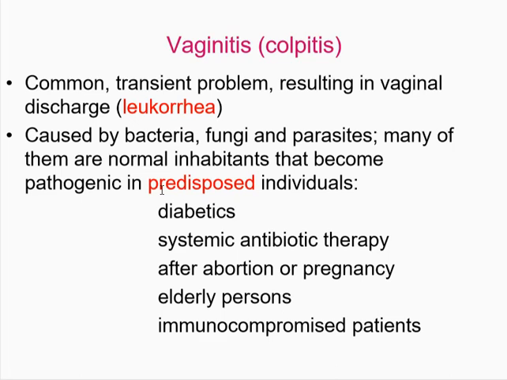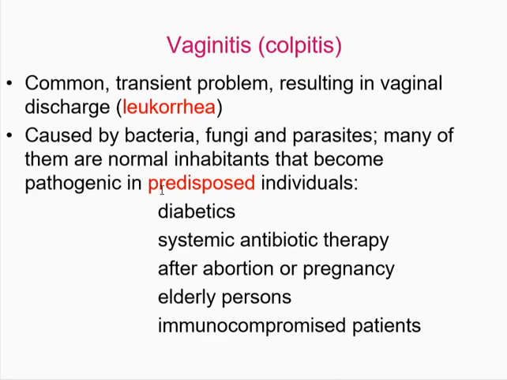The infective agents are bacteria, fungi, parasites, many of which are normally present in the vaginal flora, but in some predisposing conditions they may give rise to a disbalance leading to inflammation. Diabetes mellitus is a common predisposing factor.